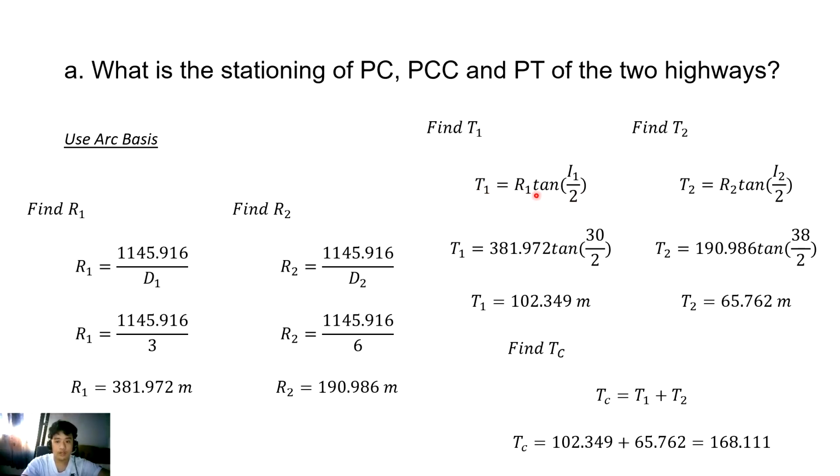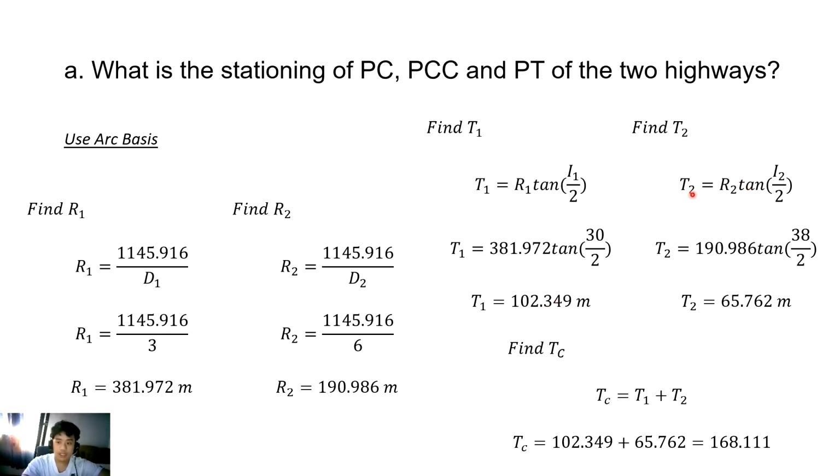Then, para naman dun sa subtangent or yung tangent ng simple curve, same lang din ang formula. Pero gagamitin natin ay R1 at I1. So, substitute lang natin 381.972 times tangent of 30 degree, yung I1 natin, over 2. So, makukuha natin yung sagot na 102.349 meters.